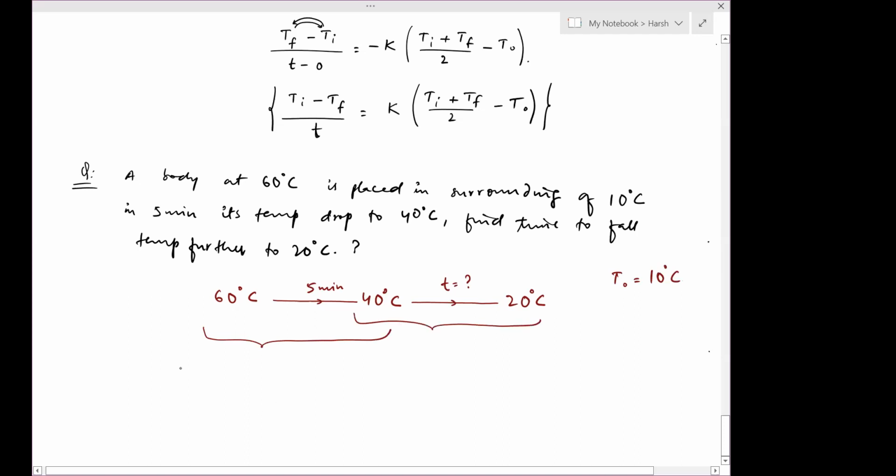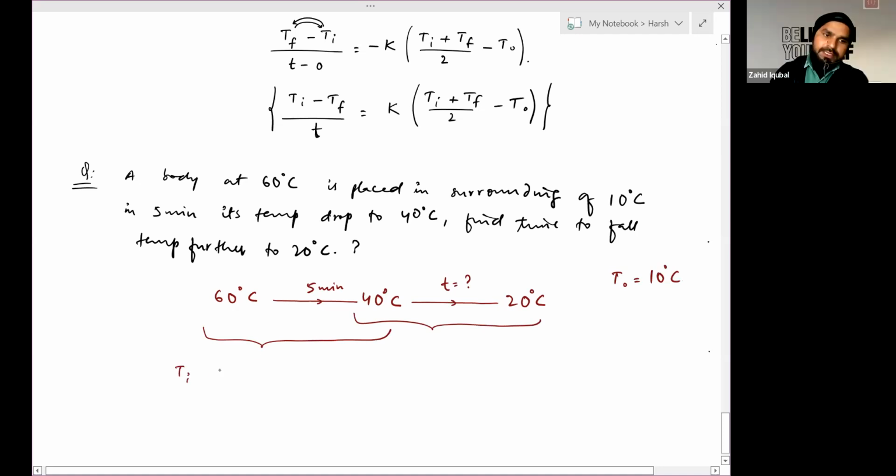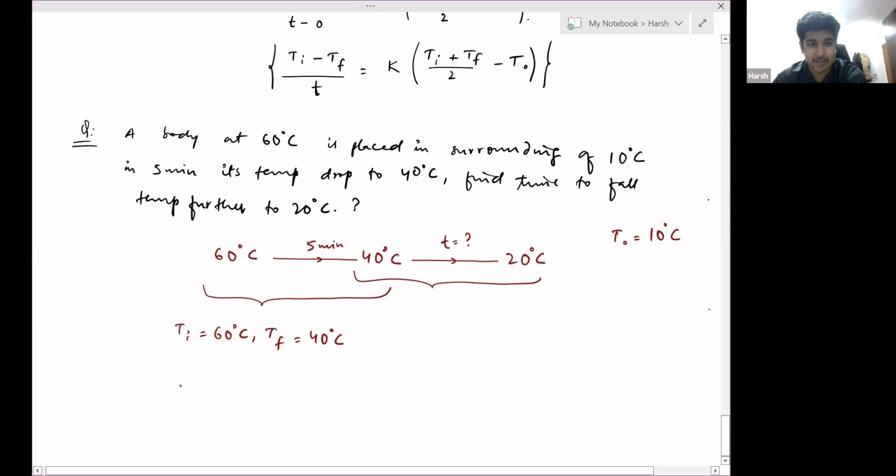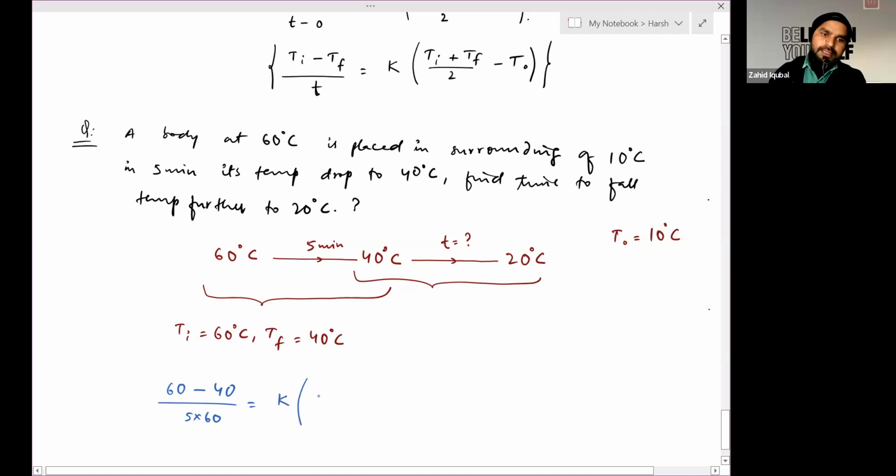In the first part, T initial is 60 degrees Celsius and T final is 40 degrees Celsius, and the time taken is 5 minutes, 5 into 60 seconds. So use the above formula: T initial minus T final divided by time equals K times (T initial plus T final) divided by 2 minus the temperature of the surrounding, 10 degrees Celsius.